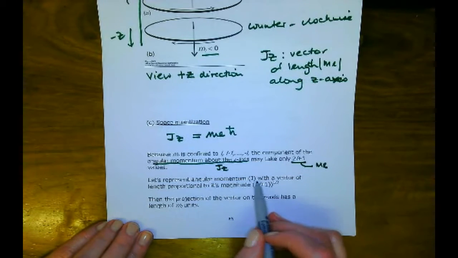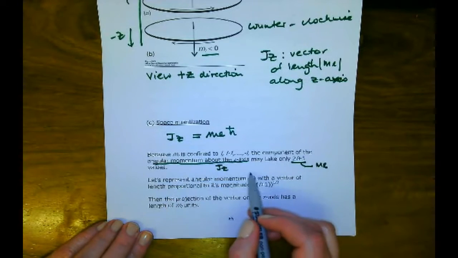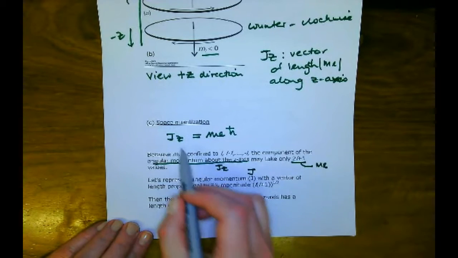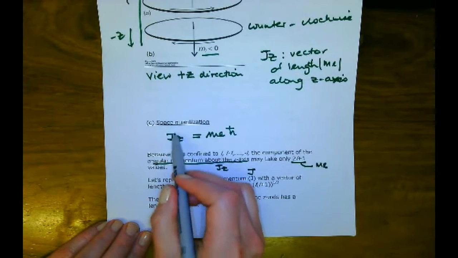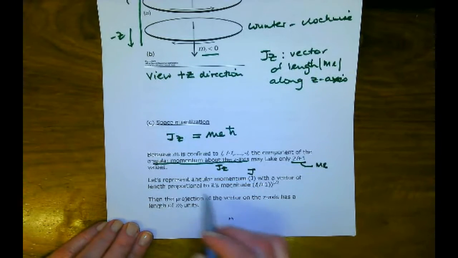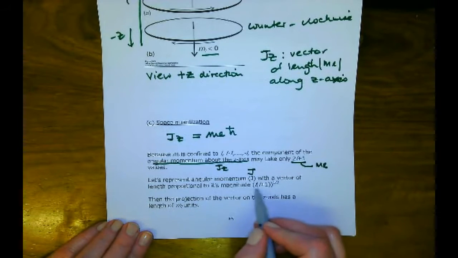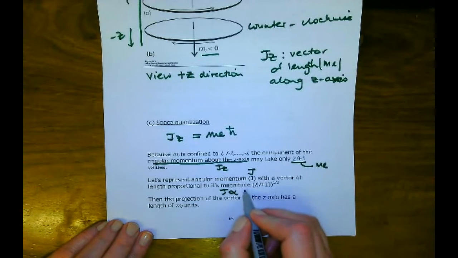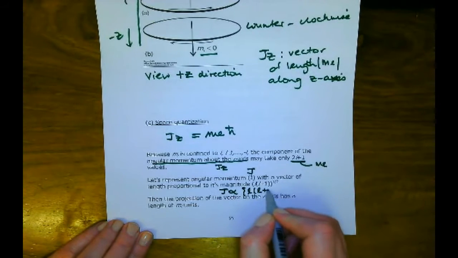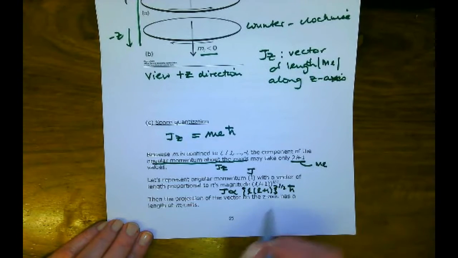So let's represent the angular momentum with a vector. So guys, don't confuse J with Jz. J is the total angular momentum. Jz is the projection of that momentum on the z-axis, so the component along the z-axis. So let's represent angular momentum with a vector proportional to its magnitude. Remember, we said the magnitude of angular momentum is related to L plus 1 to the half h bar.